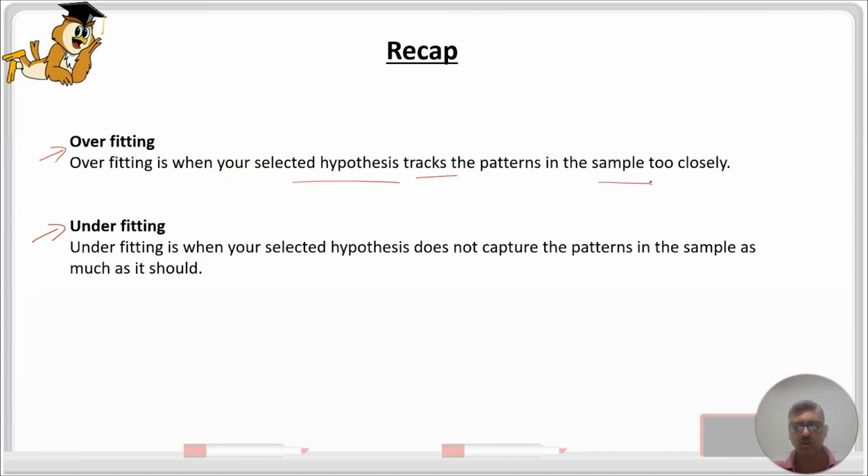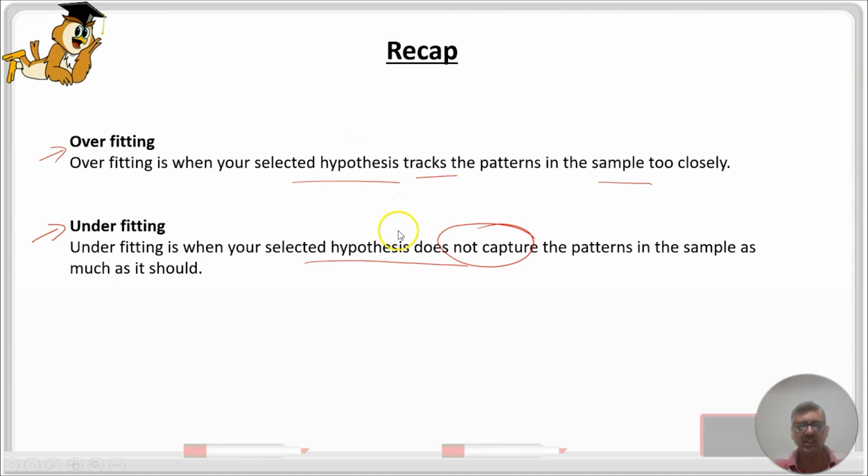And underfitting is when your selected hypothesis does not capture the patterns in the sample as much as it should, right? So overfitting is when you select a hypothesis which tracks the patterns in your input training samples very closely, and underfitting is when your hypothesis does not capture those patterns in the sample as much as it should.